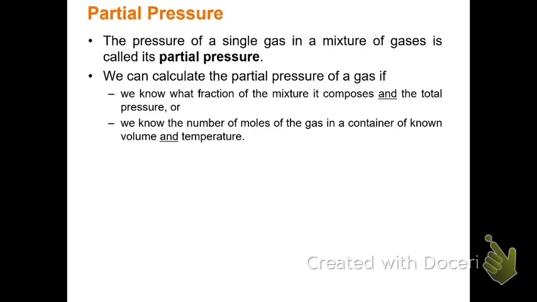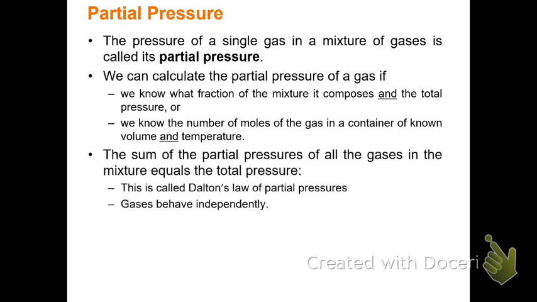We can calculate the partial pressure of a gas if we know two things. The first one is the fraction of the mixture it composes and the total pressure, or we know the number of moles of the gas in a container of known volume and temperature. The sum of the partial pressures of all the gases in the container equals the total pressure.